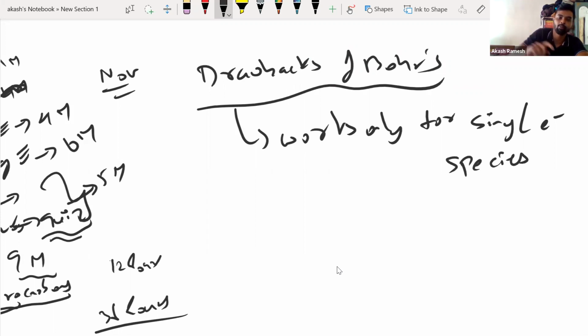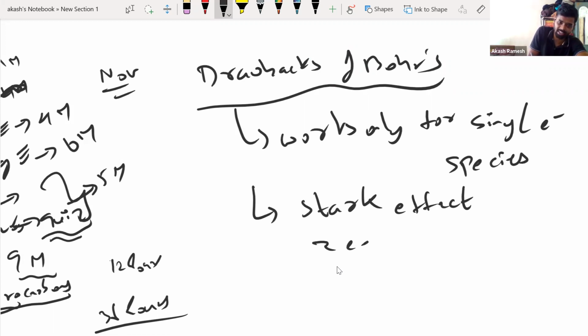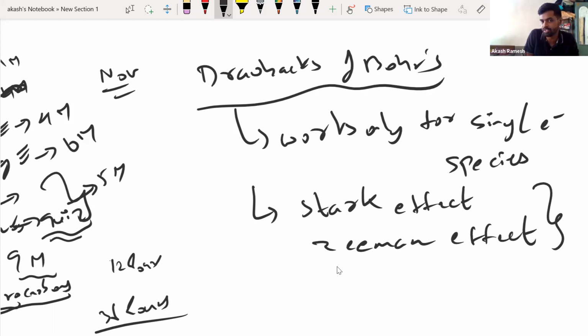If you have more than one electron, all the calculations are wrong. Second, there is something called the Stark effect and Zeeman effect. These are physical phenomena which Bohr was not able to explain.